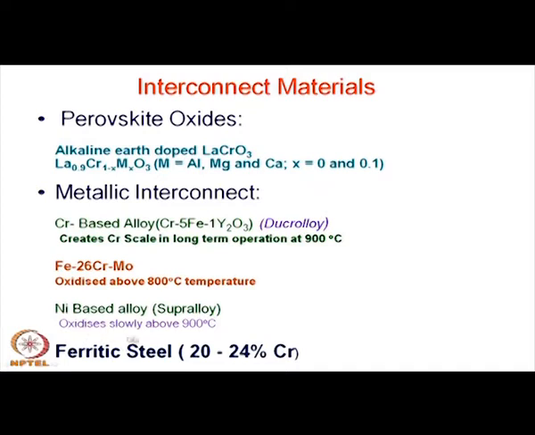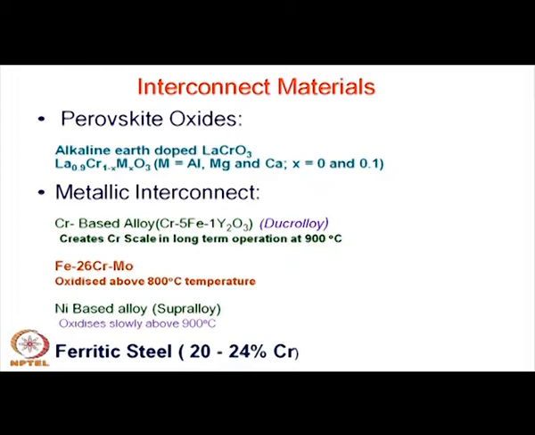Okay. So, these are also chromium containing alloys. Most of them are chromium containing alloys, but this has better properties and better oxidation resistance than the other steels or alloys, and of course, the thermal expansion coefficient matching is another very important aspect.